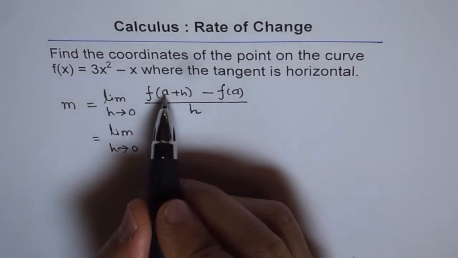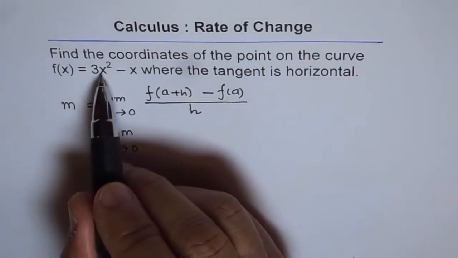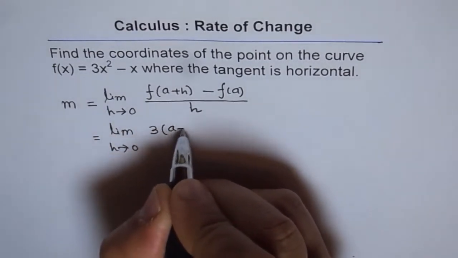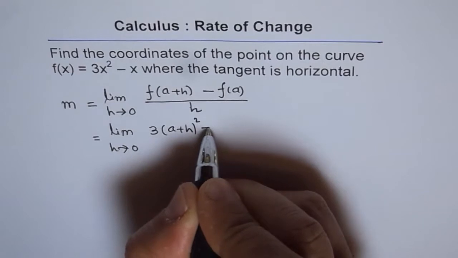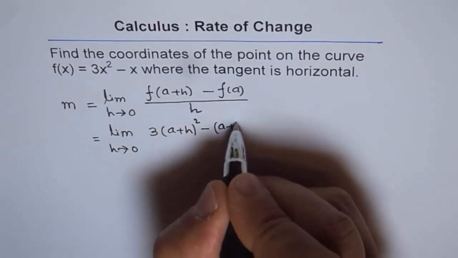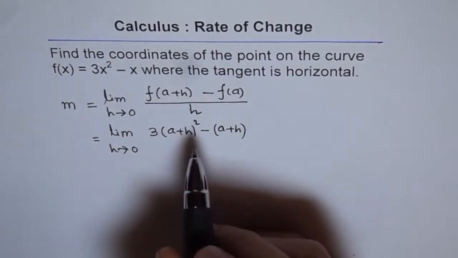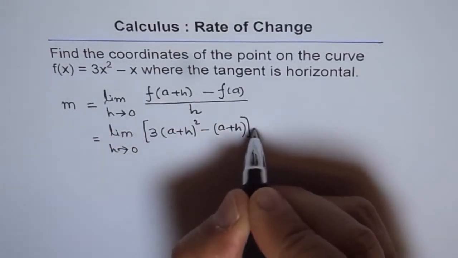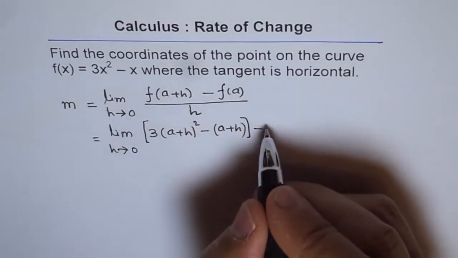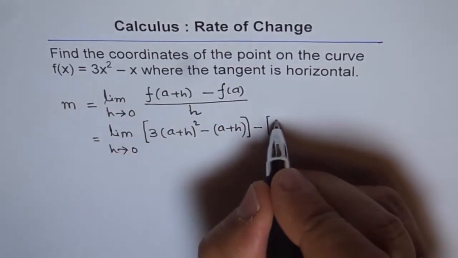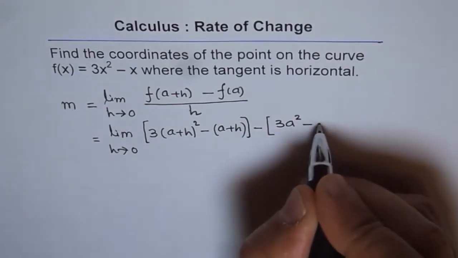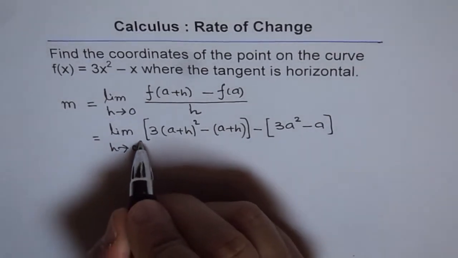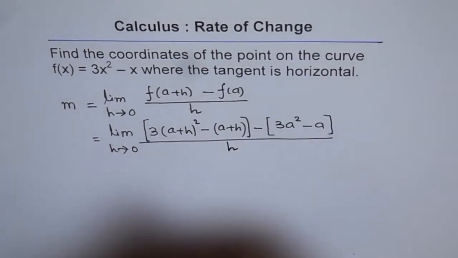So we get limit h approaches 0. And what do we mean by f of a plus h? We'll replace this x with a plus h, right? So we get 3 times a plus h whole square minus a plus h. So that is the value of f of a plus h. Minus f of a, that means 3a square minus a, correct? So that is f of a over h.